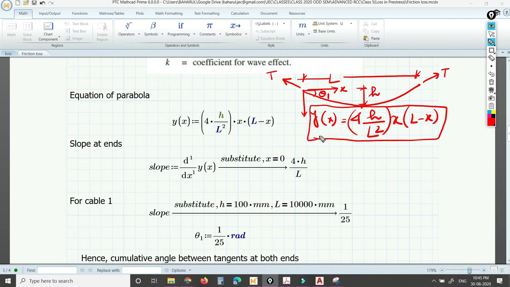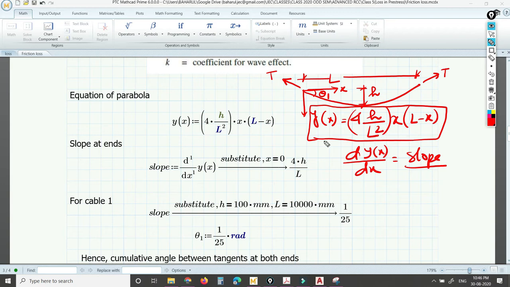If you want to find the slope of this particular line, you just need to differentiate this function. Differentiating yx with respect to x will give you the slope of this parabola, and by putting the value of x, you can find the slope at the location you want.